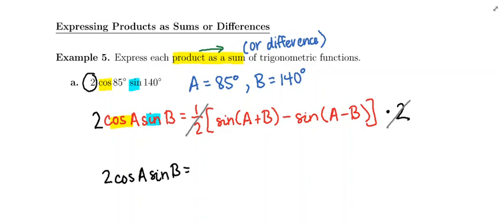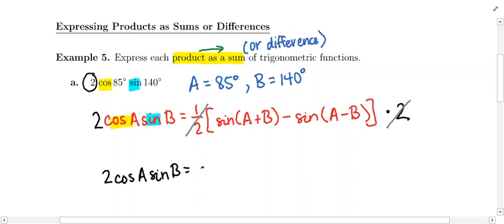All that's going to remain on the right side is just the sine pieces, because the 1/2 times 2 gives you 1. So we are left with sine of A plus B minus the sine of A minus B. Now this is our template that we will input into.